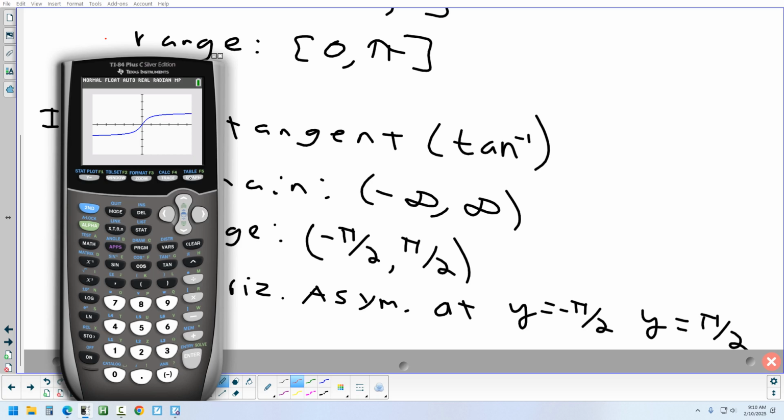And if I put a horizontal line in at pi over 2, and one at negative pi over 2, you'll see that those two horizontal lines bound that graph because they are the asymptotes. So it's always going to stay trapped in that middle section, but it is going to go left and right forever.